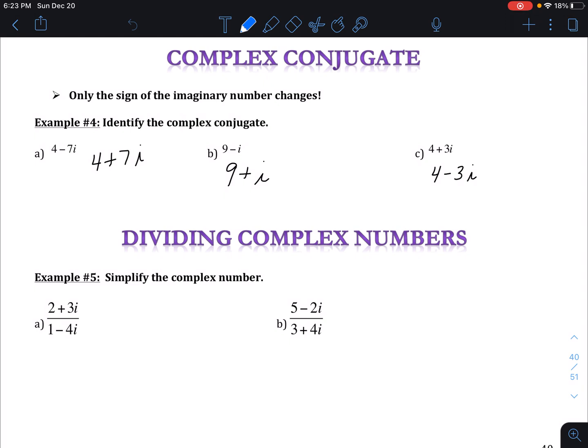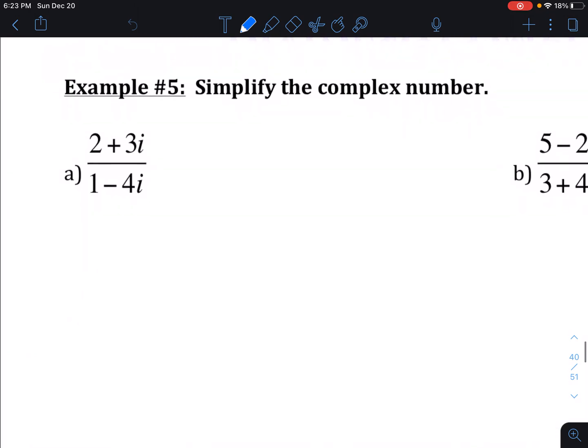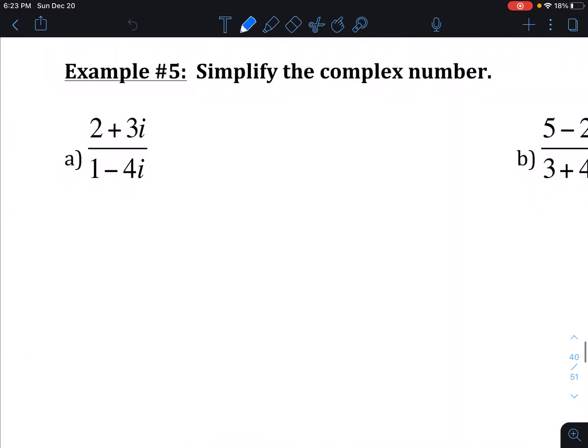So what we're going to do in example 5a is to get rid of the 1 minus 4i in the denominator, we have to multiply it by a fraction that has the same thing on the top and the bottom.